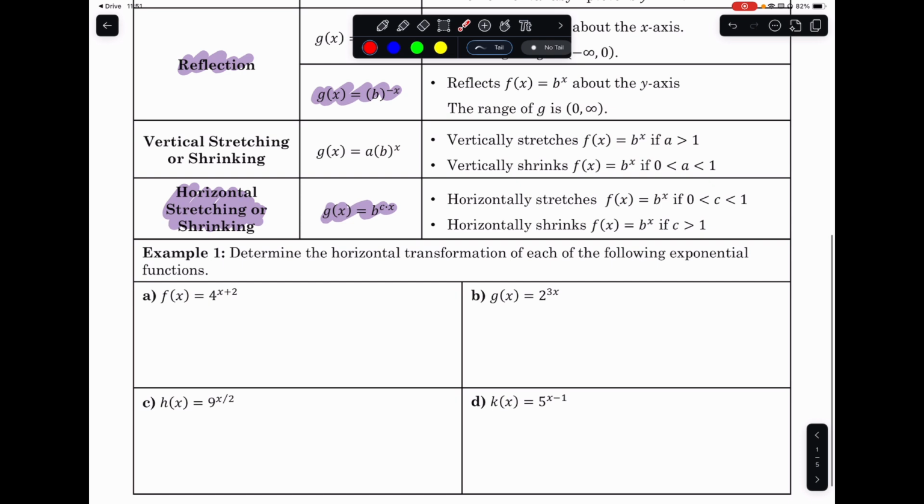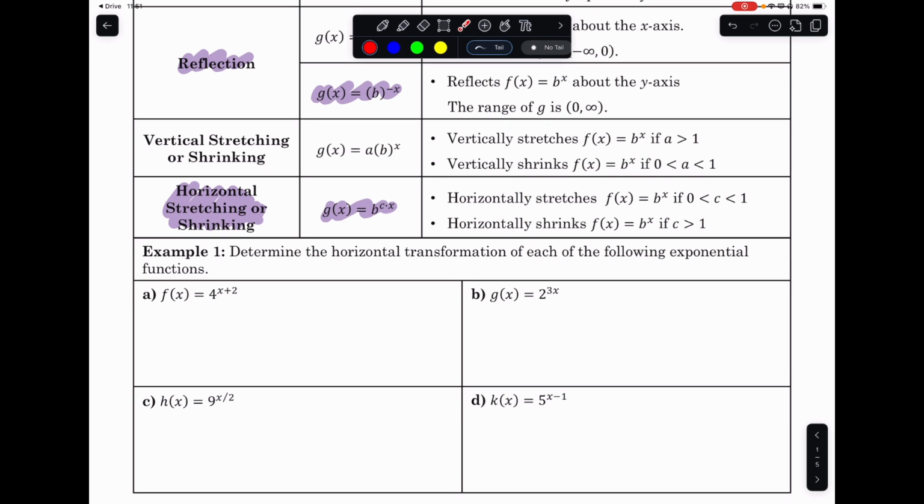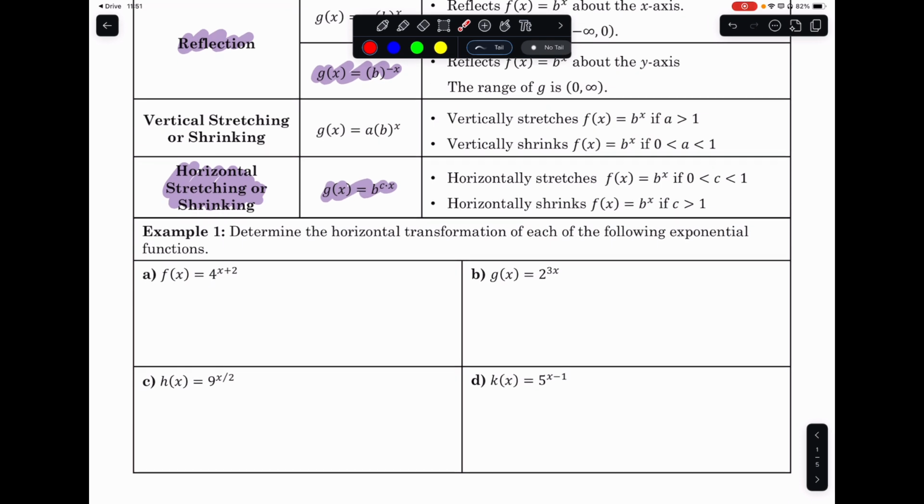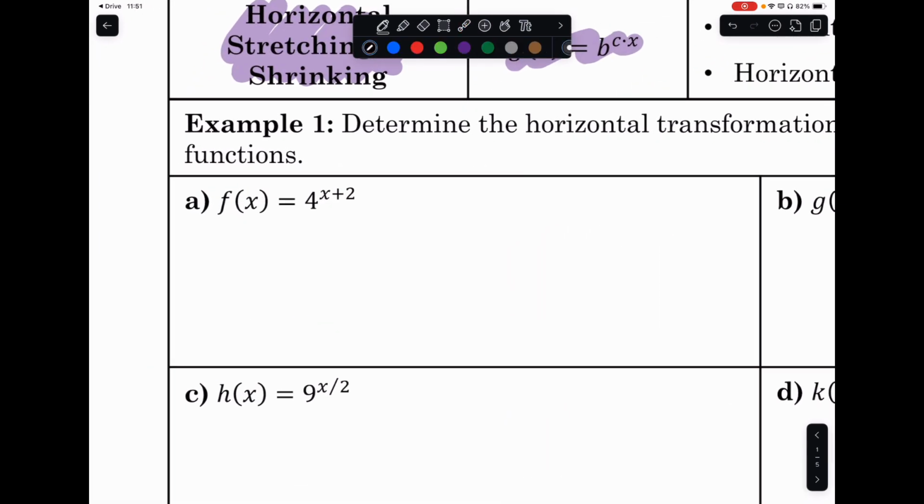Now, let's determine the horizontal transformation of each of the following exponentials and see how that affects the graph. Right here, f of x is equal to 4 to the x plus 2 power, which will give us the same graph as y equals 4 to the x.